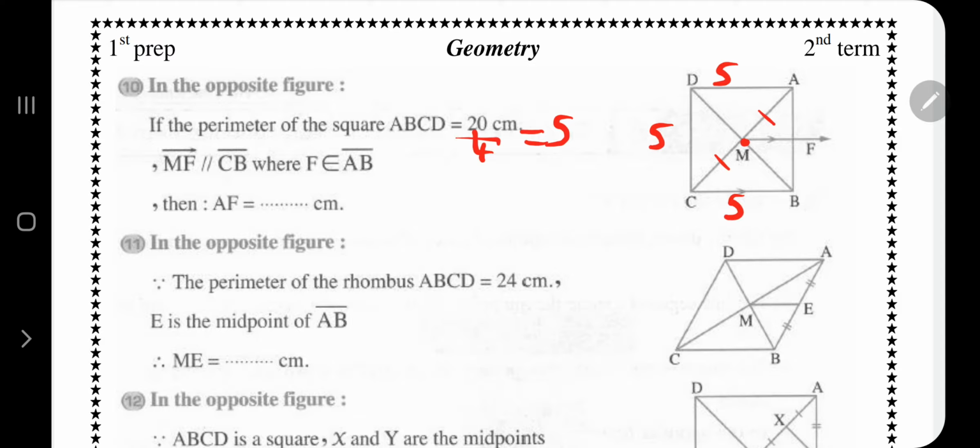Since M is the midpoint of AC and MF is parallel to CB, I need to prove that F is the midpoint, so I will repeat again. M is the midpoint of AC, MF is parallel to CB, then F is the midpoint of AB, so AF equals 5 over 2 equals 2.5 centimeters.